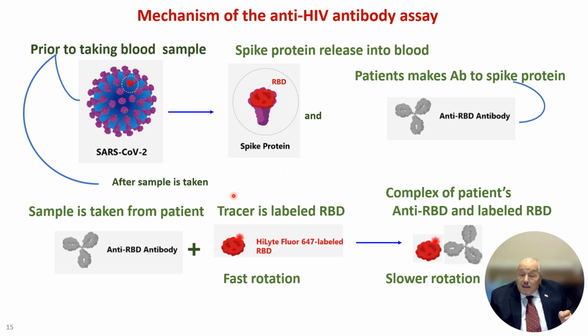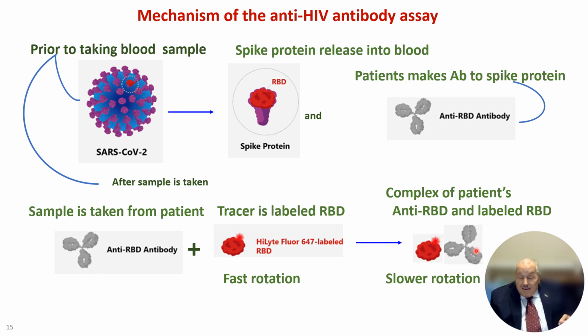We use that as our tracer molecule for this assay, and label it with anything. It's some red dye here. And then we take a sample from the patient. You mix a sample from the patient with this labeled material. Before there's any antibody there, it's rotating quickly, so it has a lower anisotropy.